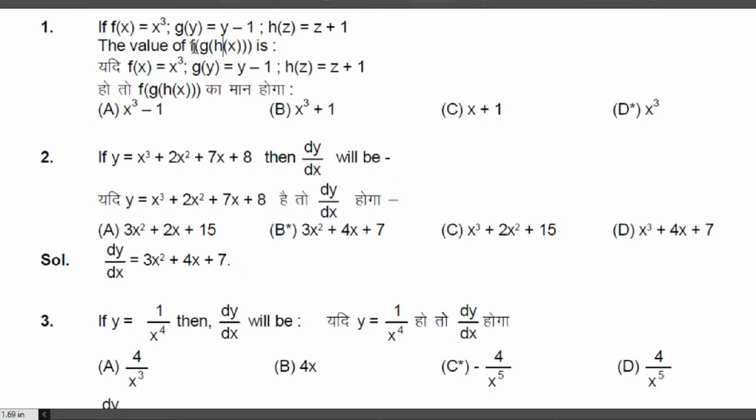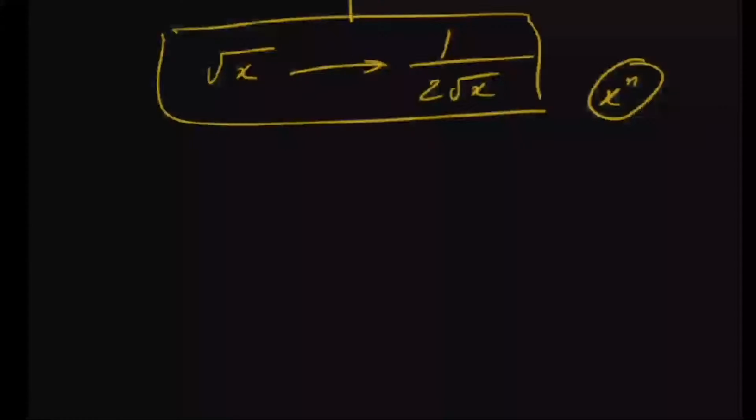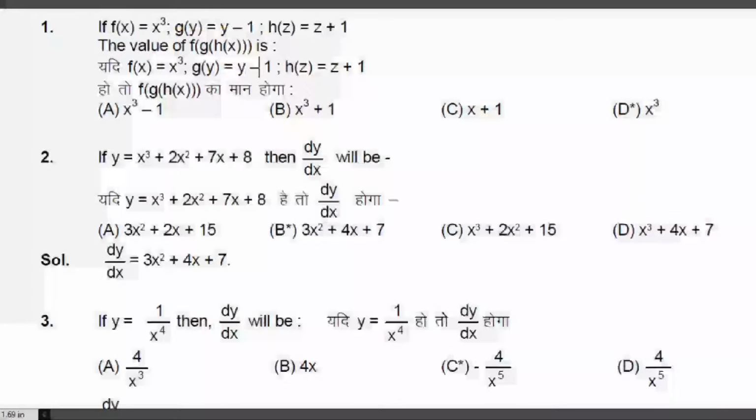Okay, let us try to solve this. This is not a problem involving derivatives, but it is a simple problem relating to the topic of functions. Okay, but yet we'll derive this thing. Let me go back. So I'll just write down what the question is. f of x is equal to x cube, g of y is equal to y minus 1, and h of z equals z plus 1.